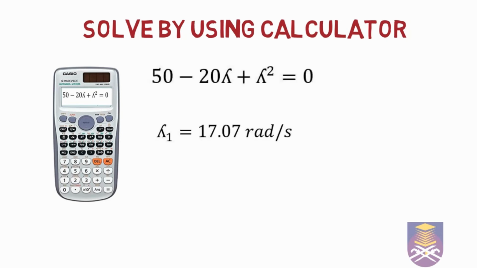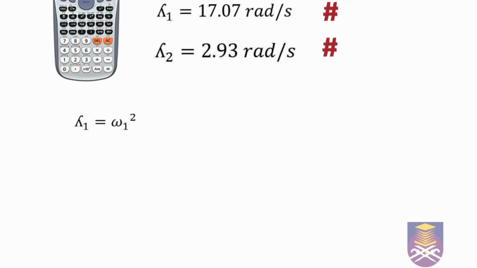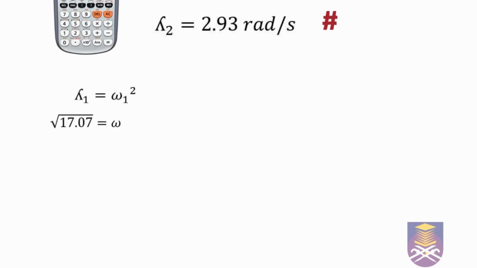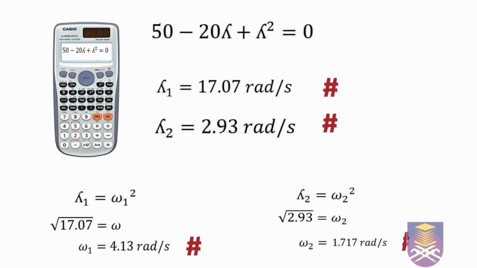Then we will get lambda 1 equal to 17.07 and lambda 2 equal to 2.93. We use the formula lambda equal to omega square. Then we will get the value of omega 1, which is 4.13 rad per second, and omega 2 is 1.717 rad per second.